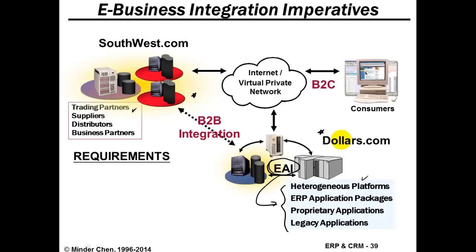To get that information in real time, it's part of so-called B2B integration, business to business information and system integration. And we need to have access to Dollar's information system.